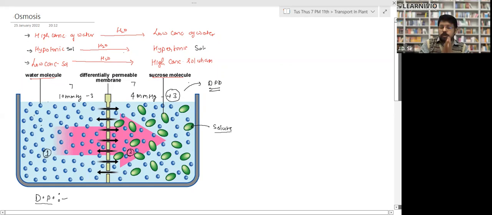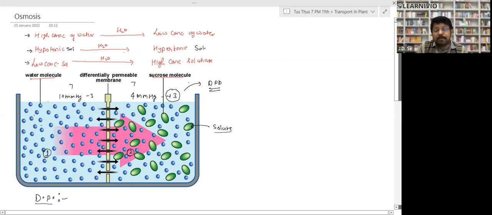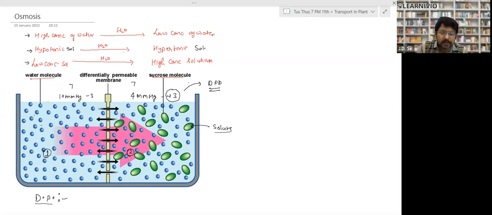This is called osmosis through the semipermeable membrane. It always takes place through the semipermeable membrane, right? And this movement of water molecules will keep on going until the concentration at both ends becomes equal. That is called the equilibrium situation. When they achieve the equilibrium situation, that is, the concentration at both ends becomes equal, then the process will stop and become stabilized.